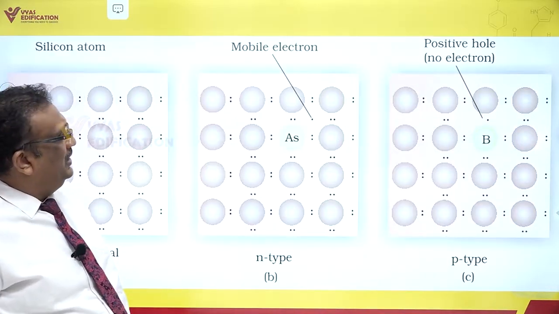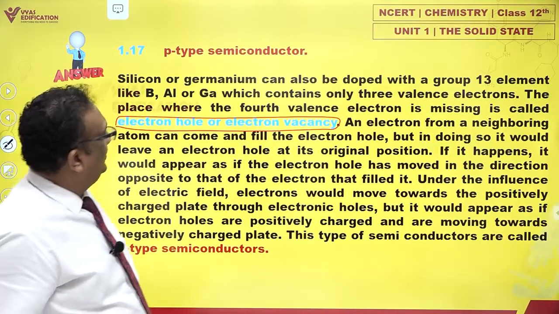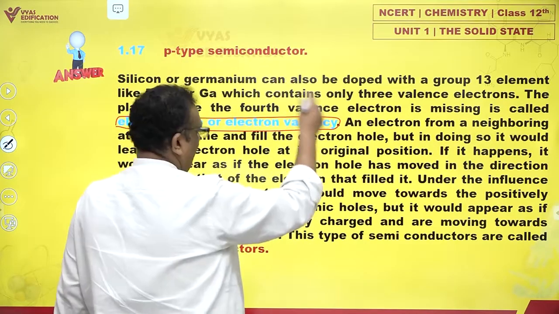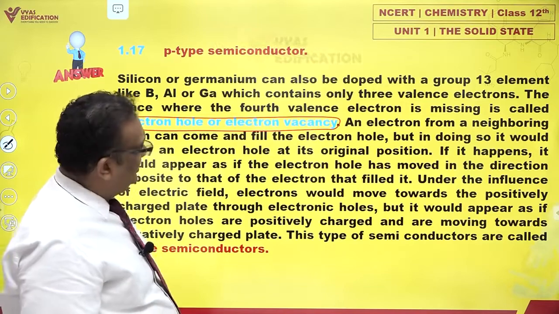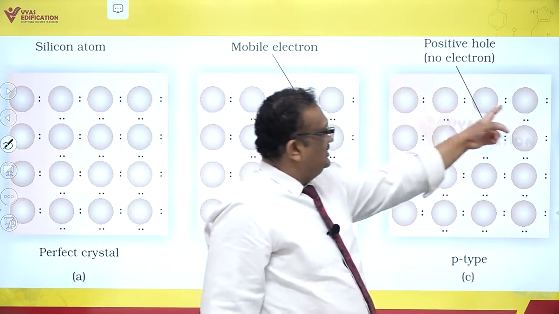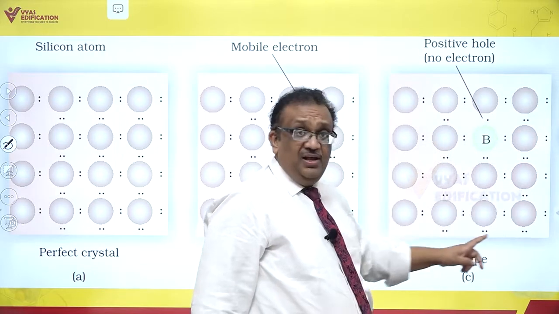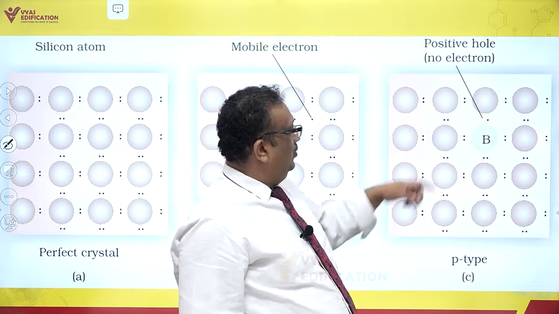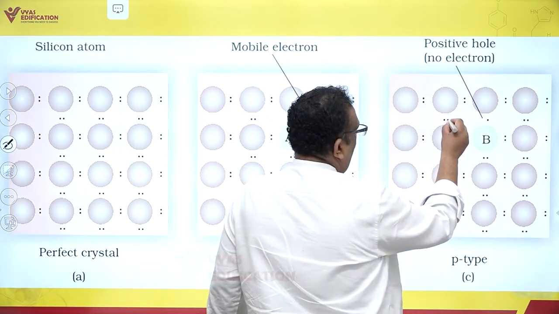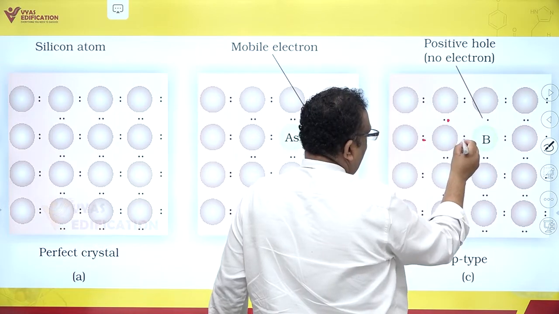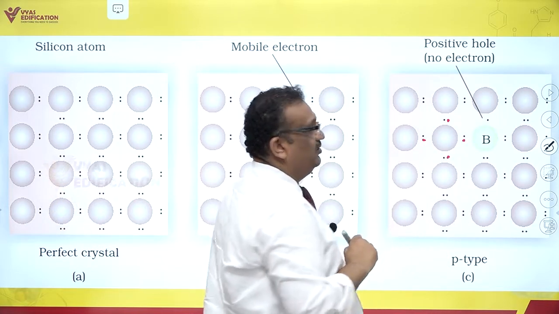How exactly? I'll draw a structure and I'll tell you. We will just use the other page. There's a very good diagram also. See, if you have silicon sitting everywhere, and suddenly you have a boron. Now silicon had 1, 2, 3, 4 valence electrons, right?